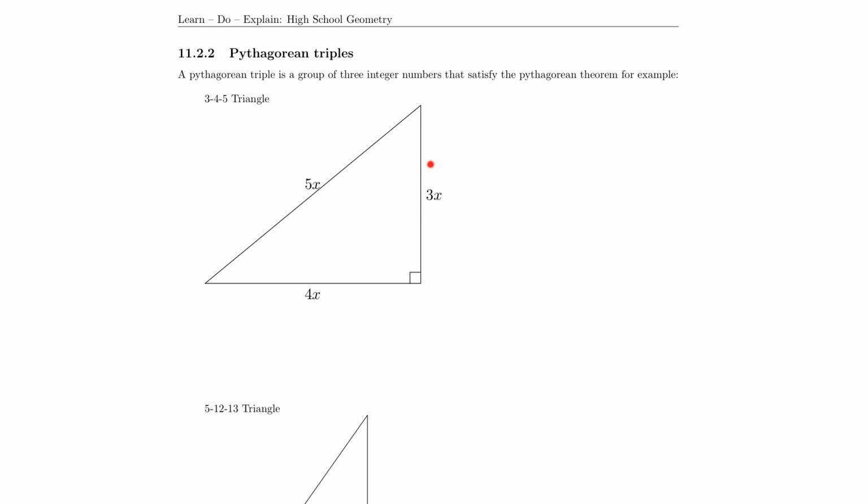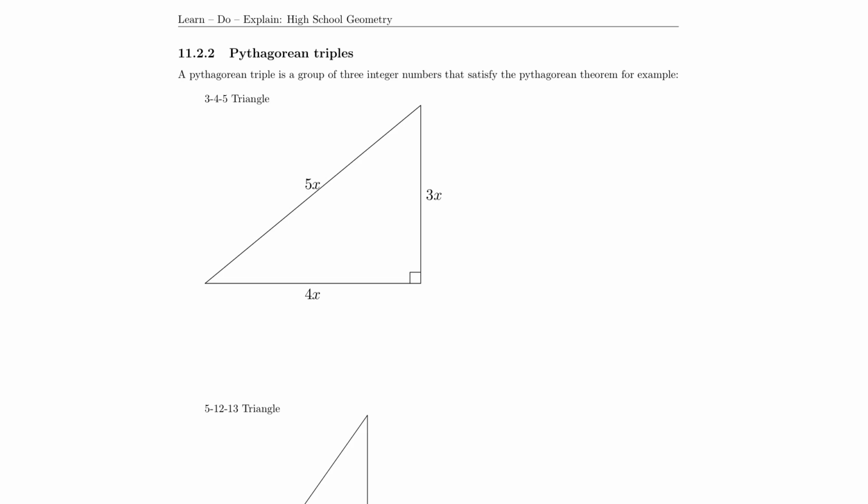Again, one side is 3 and one side is 4. The hypotenuse is 5. But you may notice that we have an x here, because this triple also applies for multiples of this number.